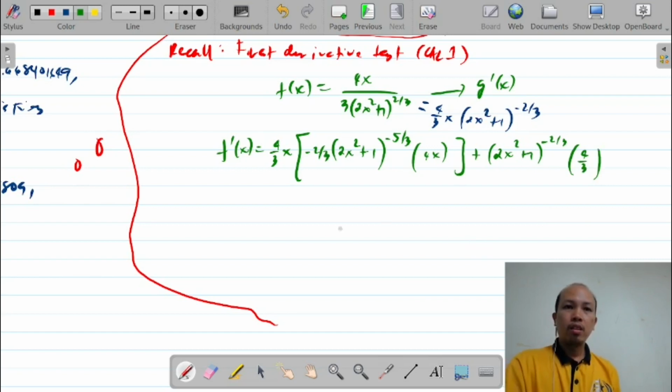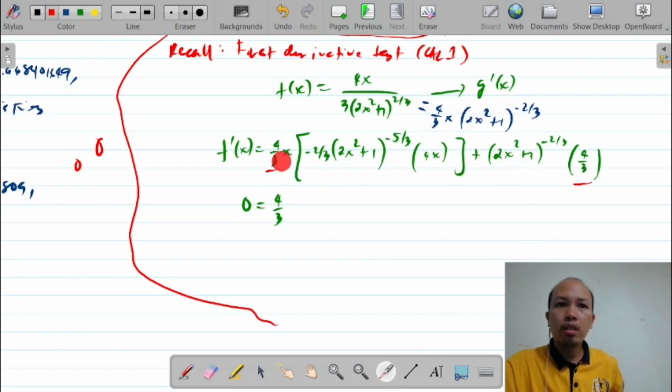Equate this to 0, and then let's factor. I think we have a common factor here. The common factor is 4/3, and we don't have an x somewhere here, but 4/3 is common, and also (2x² + 1) to the power of negative 2/3.